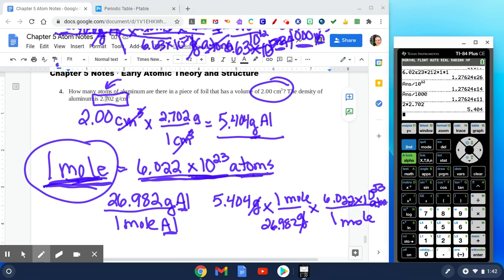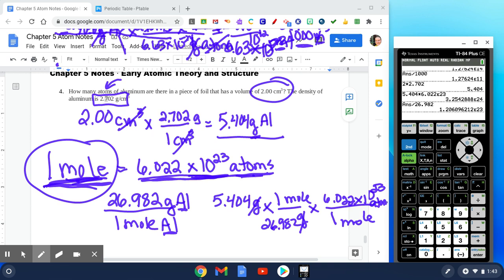So I'm going to take 5.404 times 1, which I don't have to put in there, times 6.022, then use E to the 23rd. I'm going to hit enter because that's everything on the top. So that's my number on the top. Then I'm going to divide by the molar mass, which is what we call this conversion, 26.982. Enter. Okay, so then that is my answer.